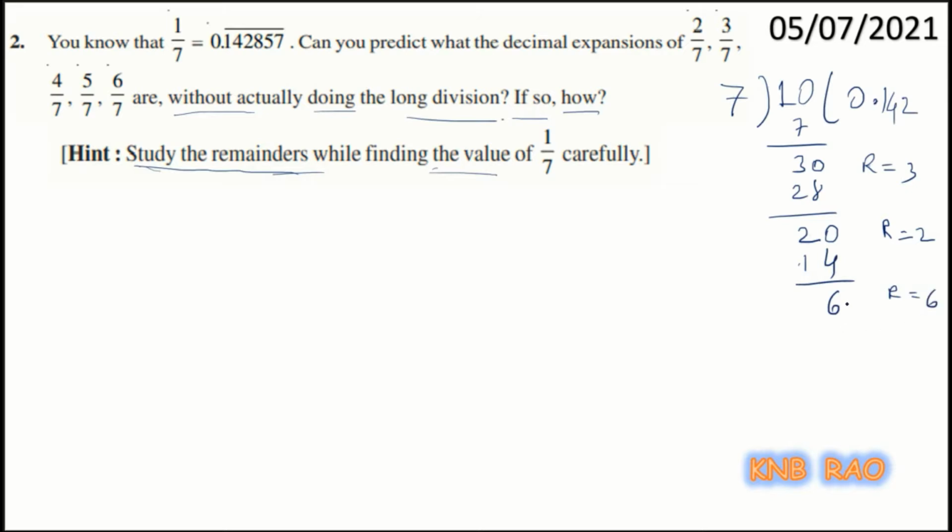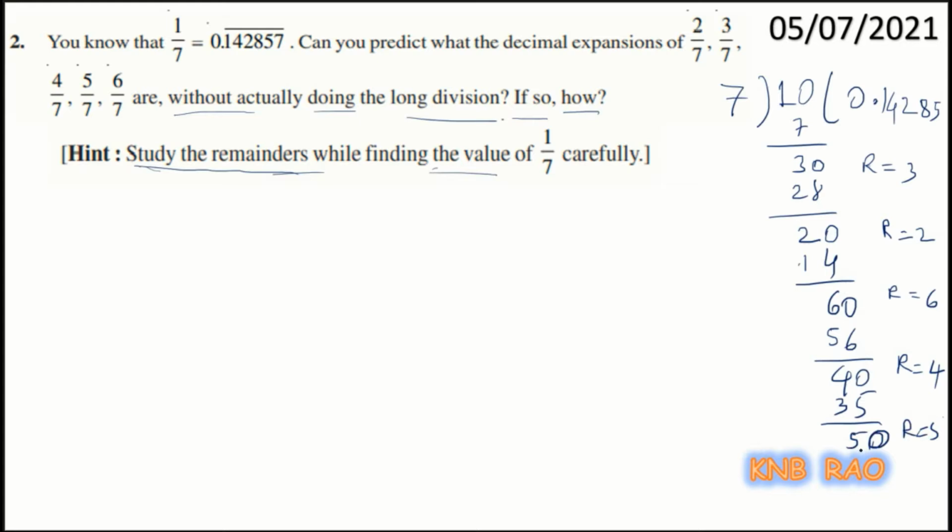When I continue further keeping 0, it becomes 60, 7 8s are 56, now 4 is the remainder. Now, moving on further, it becomes 40, 7 5s are 35, and now 5 is the remainder.